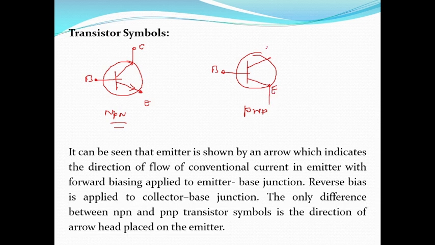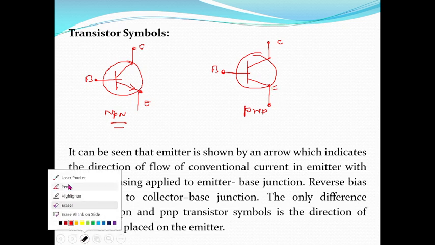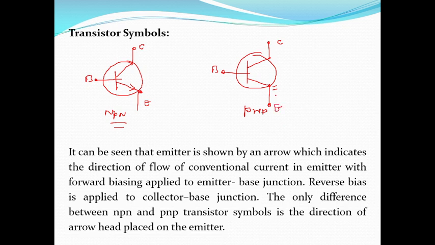This is the emitter junction and this is the collector junction. So this is for the NPN transistor and this is for the PNP transistor.